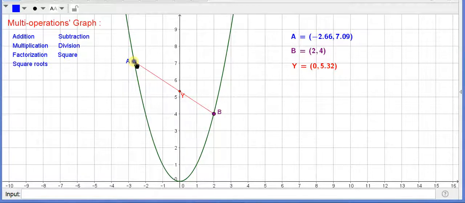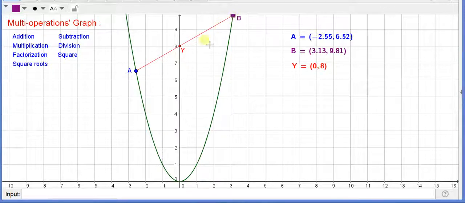Let us see here. We want to divide this 8 by 2.55, which is equal to 3.13. 2.55 is the x coordinate of point A. And here, this is 8. 8 is divided by 2.55, we will get the value here, the x coordinate of point B, that is 3.13.